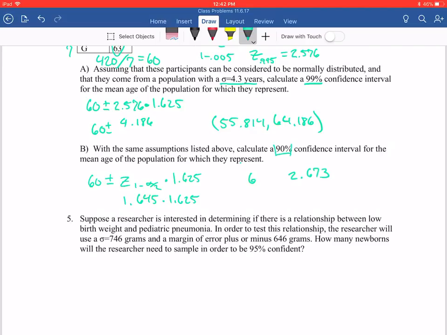So 60 plus or minus 2.673 is going to give you a new confidence interval of 57.3269, comma, 62.6731.